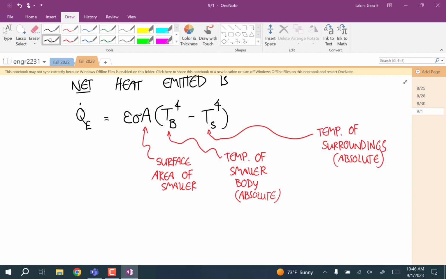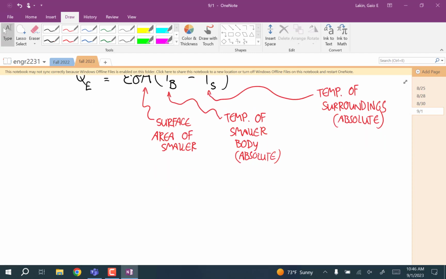Okay, convection. Let's get this done. So convection is heat carried to a new location by moving particles. So that's like wind chill, water carrying heat away from your body.